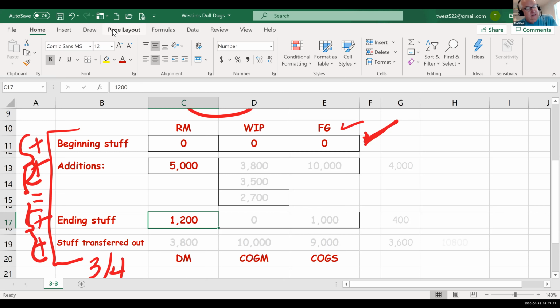If I know that, Art, what was the cost of the hot dogs and buns that were used to satisfy customers' needs? It would be 5,000 minus 1,200, so 3,800. So that's going to be 3,800, and hopefully everybody sees how we got there.